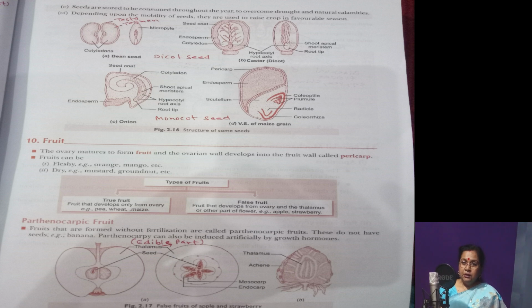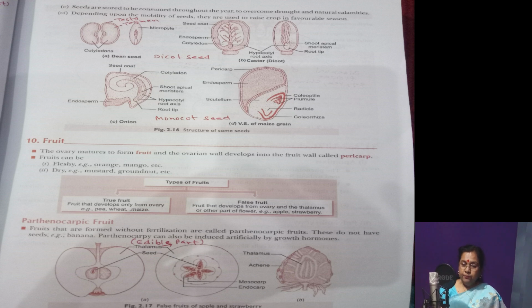But the fruits which develop from the ovary, but the edible part is thalamus or sometimes the inflorescence, are not true fruits. They are false fruits.